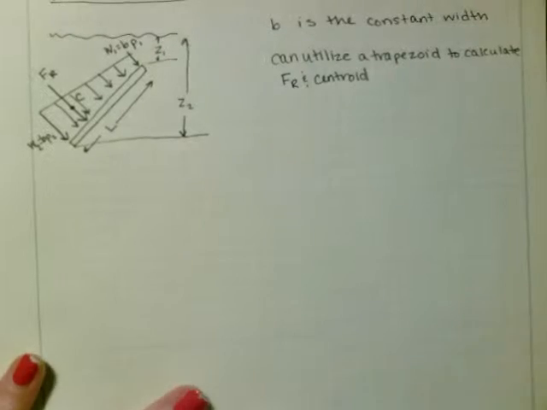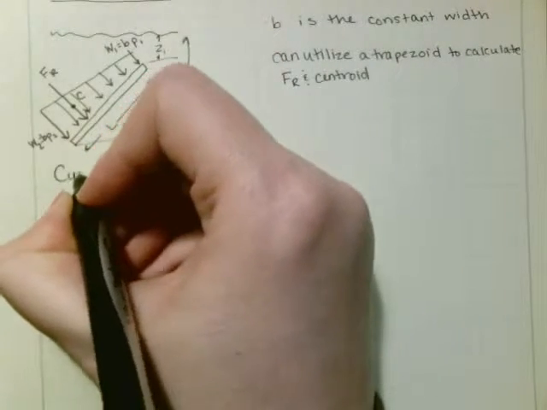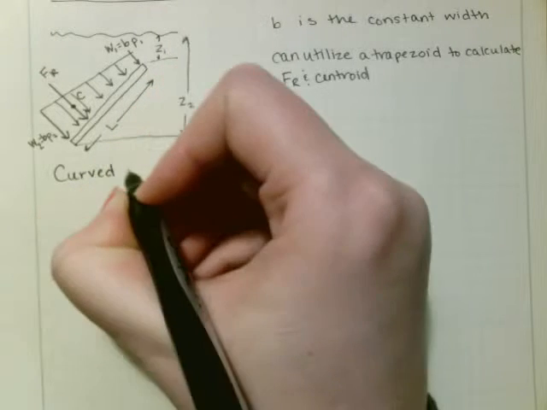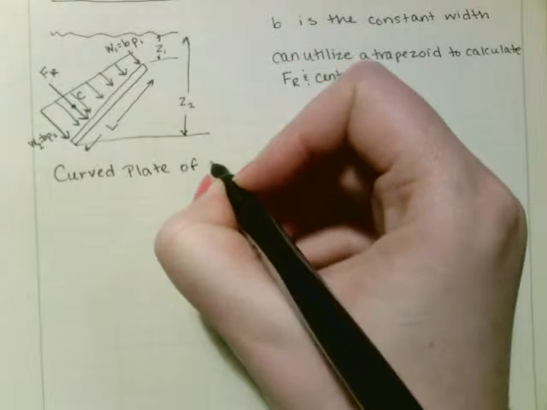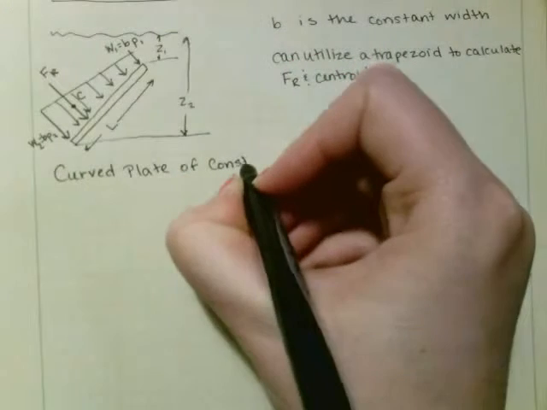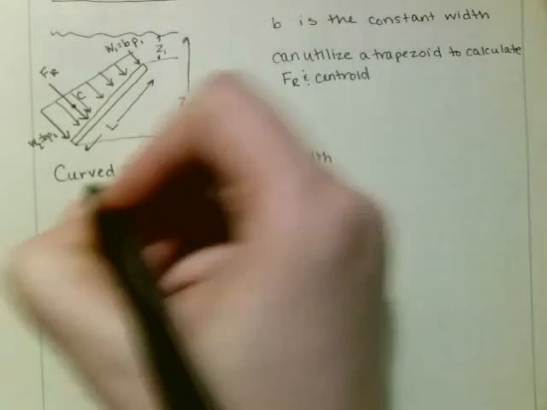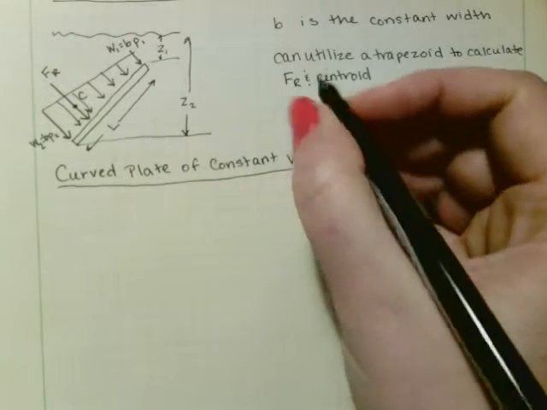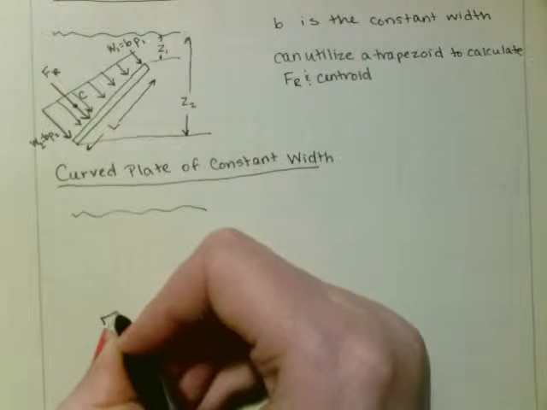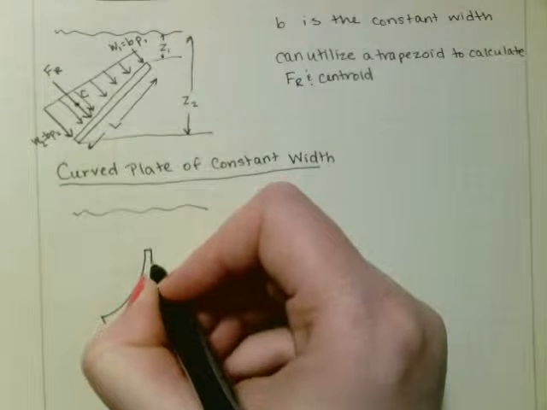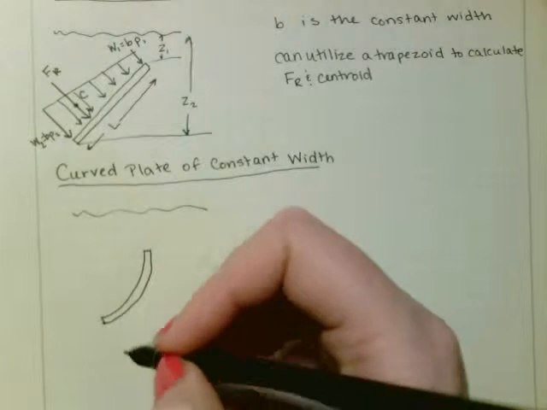So our next scenario is a curved plate of constant width. So this is my liquid line, and I have a curved plate underneath the surface.